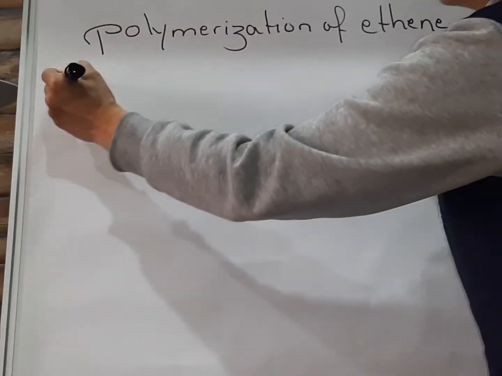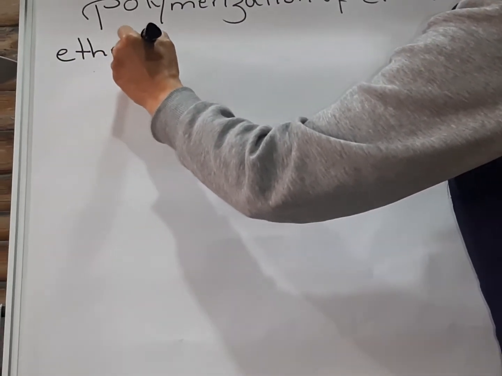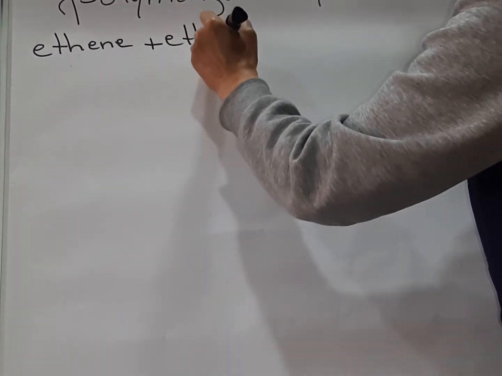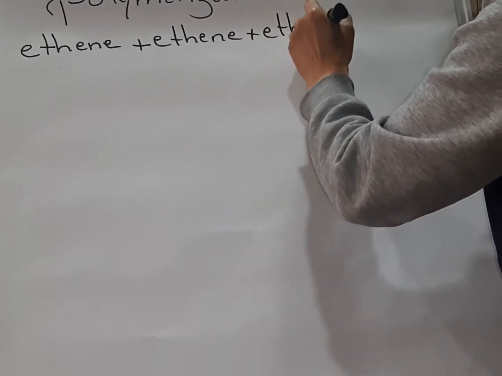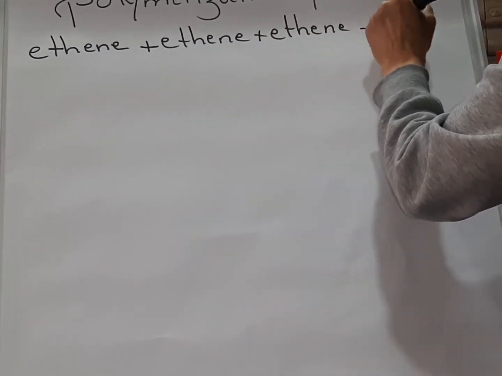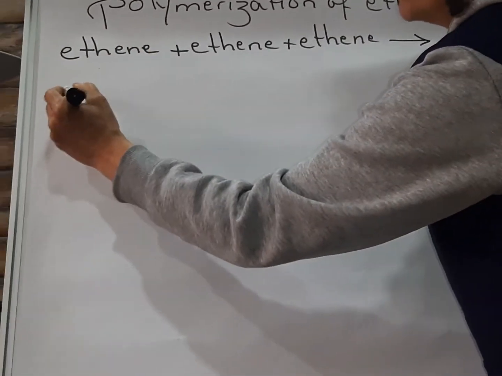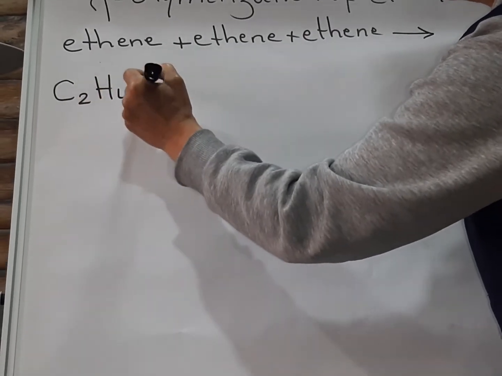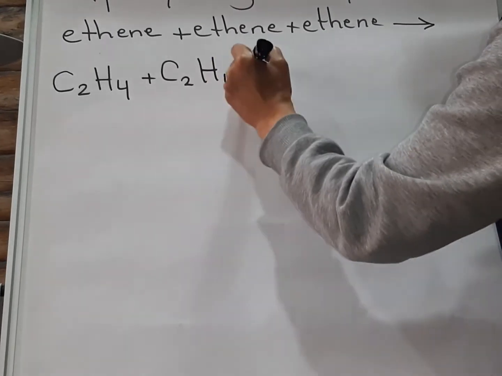Let's say I want to join 3 ethene molecules, ethene plus ethene plus ethene. What is or are the products? As we know, ethene is C2H4 plus C2H4 plus C2H4, considering the molecular formula.